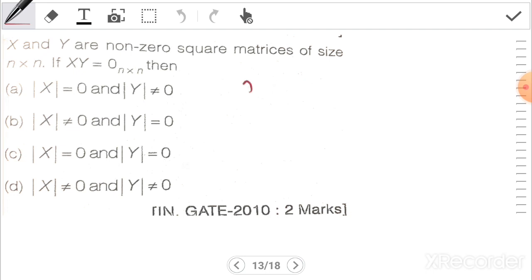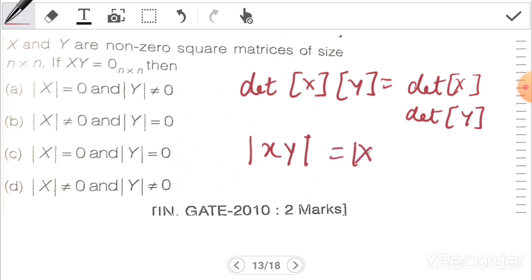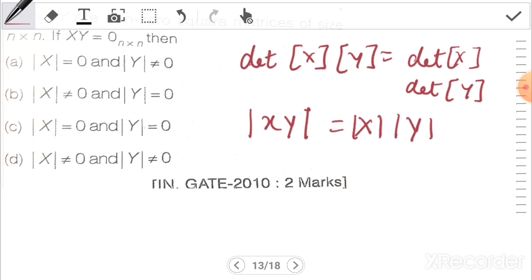So we know that determinant of x into y is equal to determinant x, determinant y. So if xy matrix is a null matrix, that means determinant of xy is equal to 0.